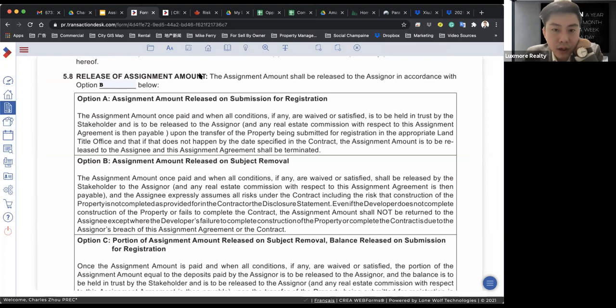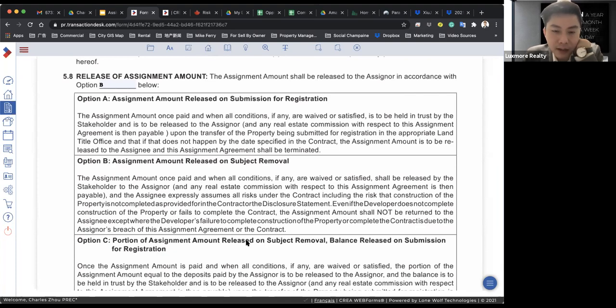So there's a question: may I know if sold at loss? Sold at loss means you do not collect the full amount of your deposit back. You can do that because nowadays a lot of foreign investors could not complete on pre-sale deals.